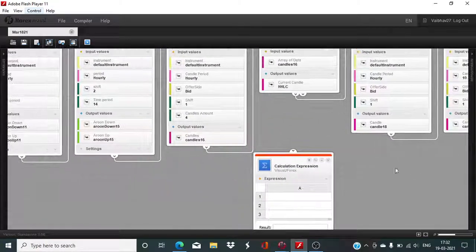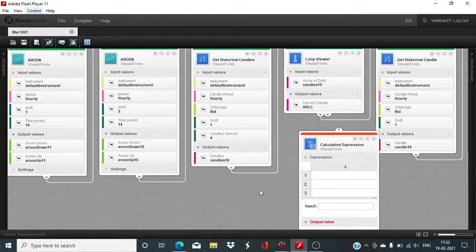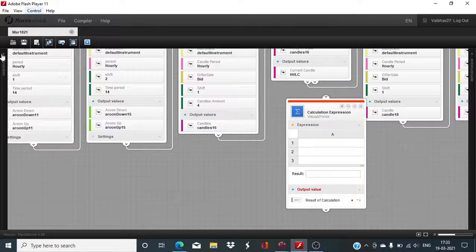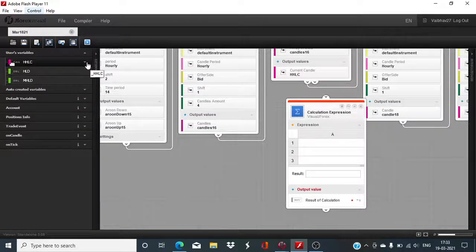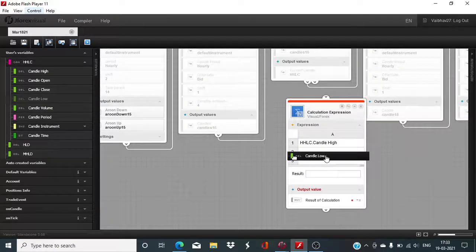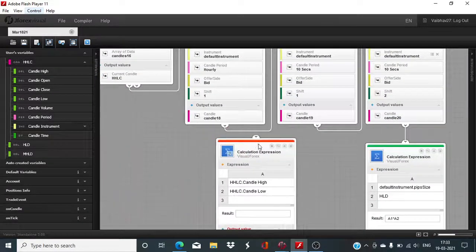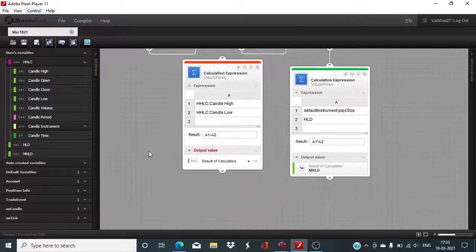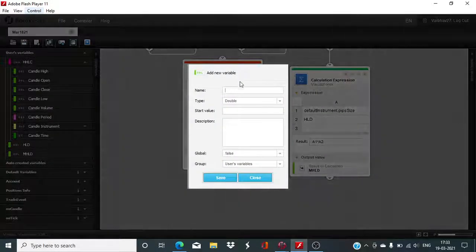For that, I will be retrieving the HLC's highest value candle high, and deduct the candle low. So it will be A1 minus A2, actual high of difference.